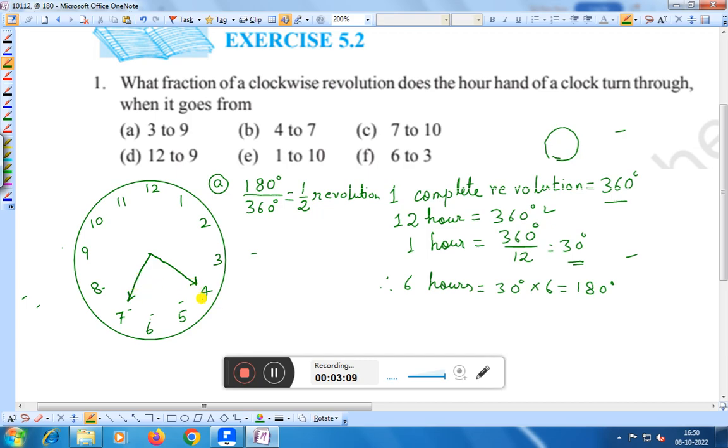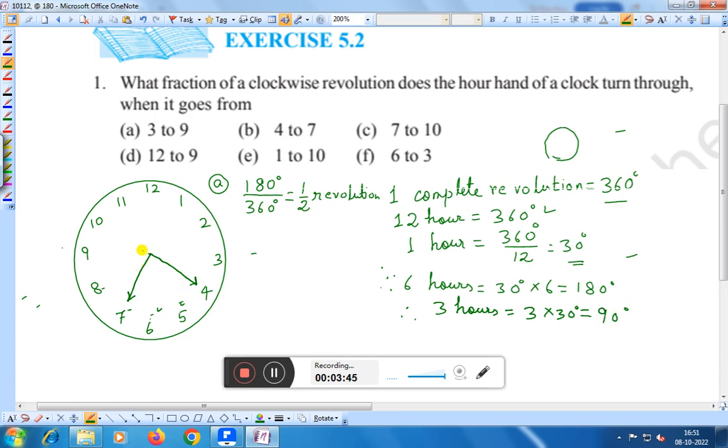How many hours do you count? 4, that is 5, 6, 7, 3 hours. Therefore 1 hour means 30 degrees. Therefore 3 hours means 3 into 30 degrees, which is equal to 90 degrees.